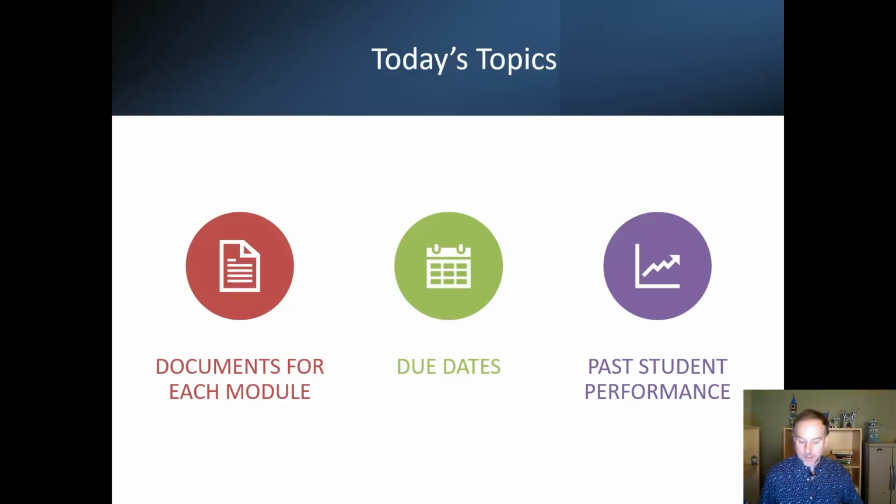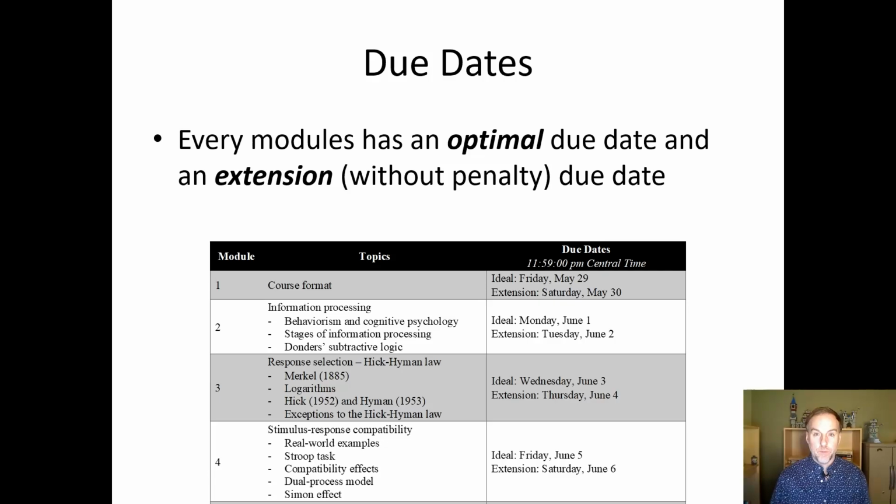So second, due dates. Every module has an optimal due date, and there's also an extension due date. You can submit later, at the extension due date, without any penalty. This is a screenshot of the table that's in our course syllabus, and here it lists every module.